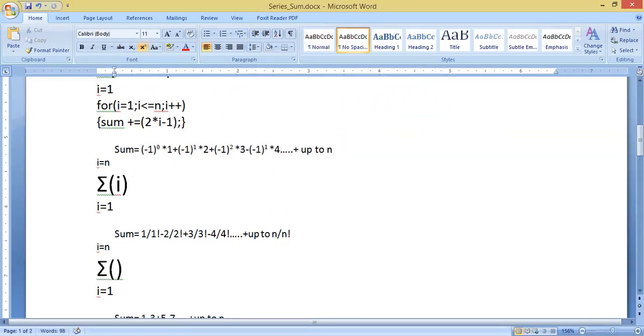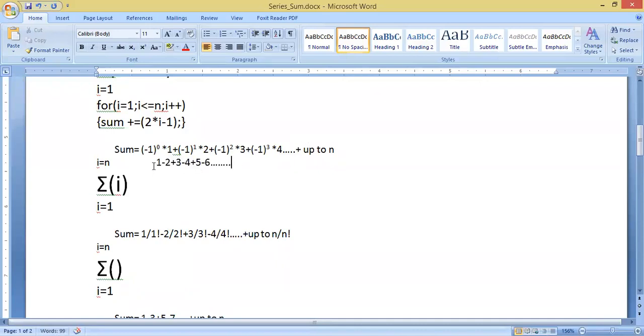Minus 1 to the power 2, it will be plus 3, then again minus 1 to the power 3, so it will be minus 4. So earlier what was your summation? Now your summation has been modified. My given question was 1 minus 2 plus 3 minus 4 plus 5 minus 6. In this way it was written.